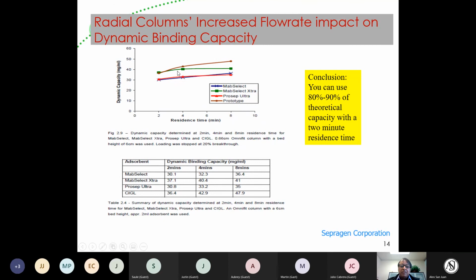Going from 4-minute to 2-minute residence time, maybe there's a 5% drop in capacity. With some other resins it might be 8 or 10%. So again, not very much. You can gain 4x in productivity, but you may have to compromise 5 or 10% in capacity.